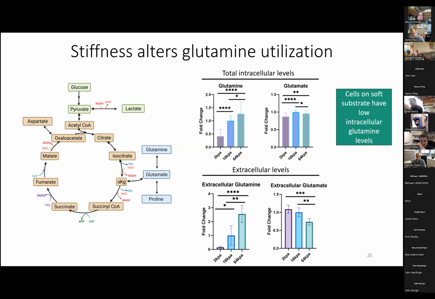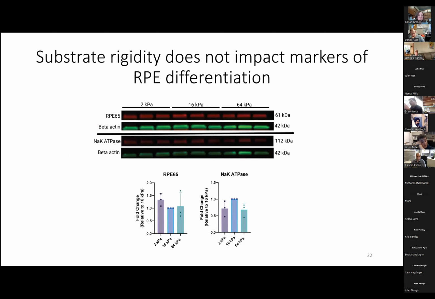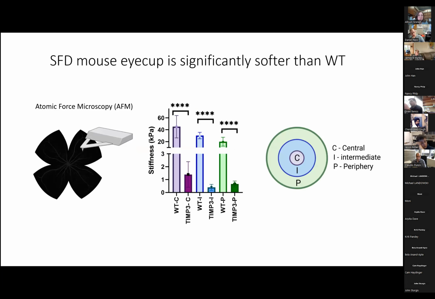Those were our AFM results. It's all softer, yes, but this is in the mouse, and we don't know in humans.